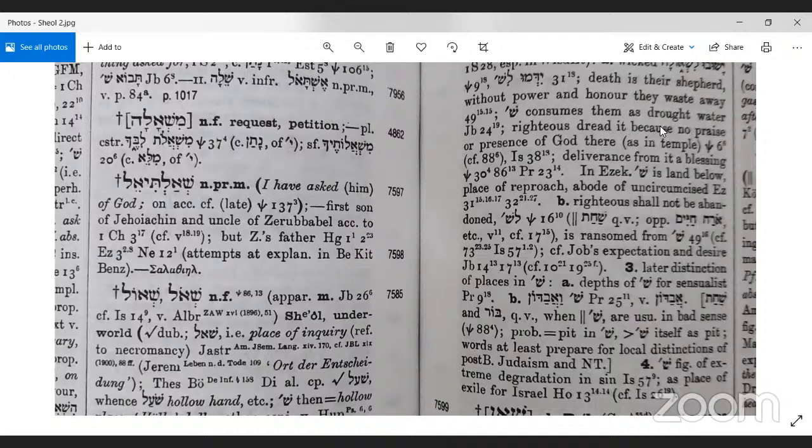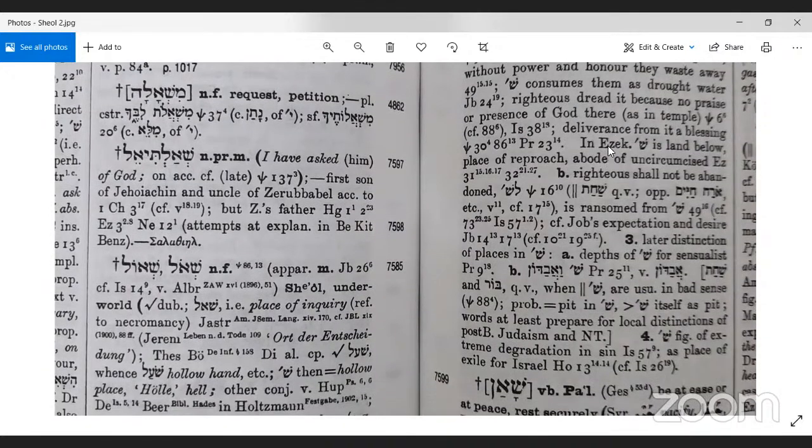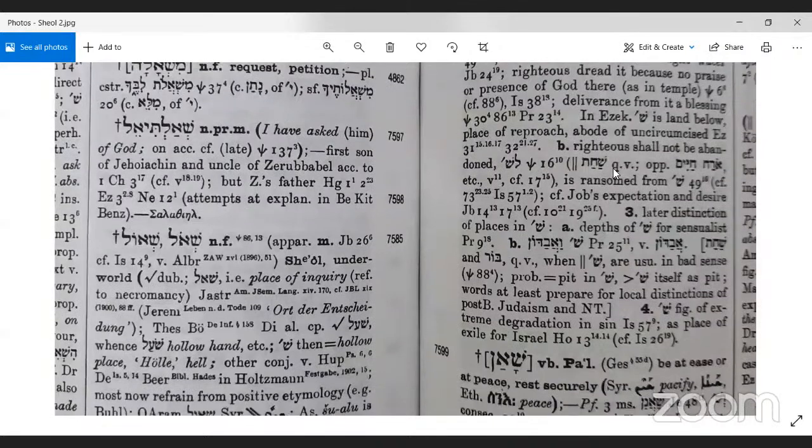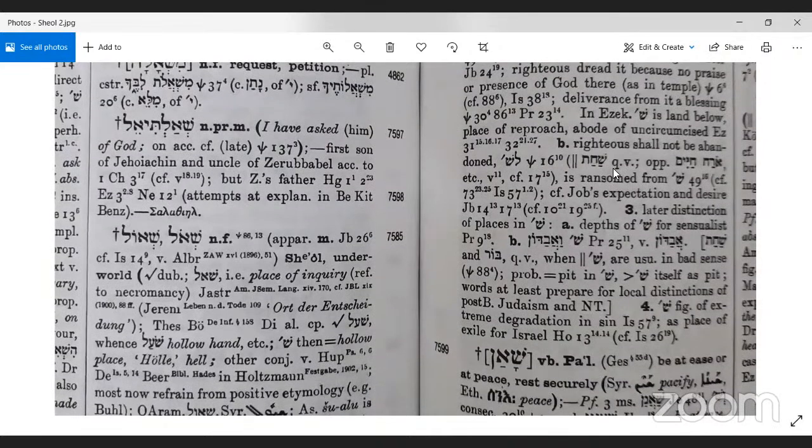That's them talking, right? Deliverance from the blessings. Who wants to be delivered from blessings? No, it's deliverance from, it is a blessing. Oh, okay.